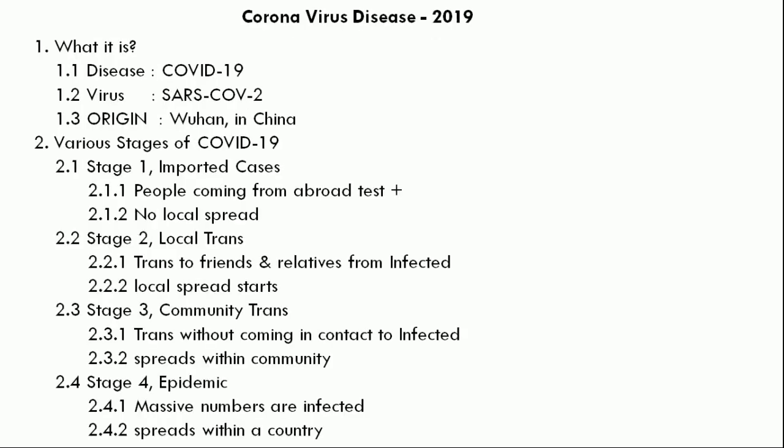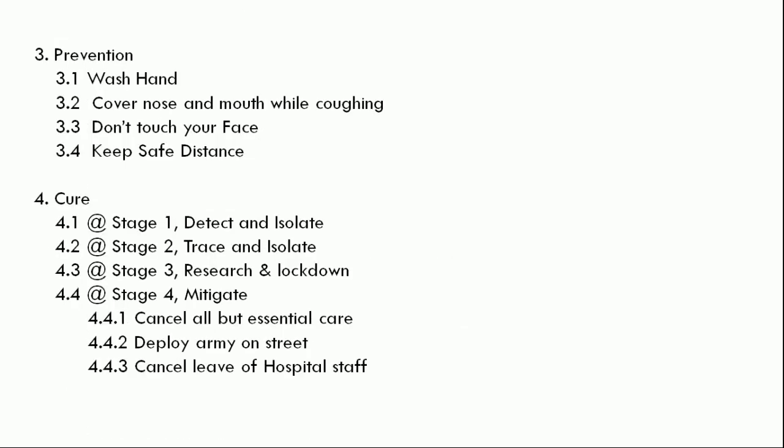So the first thing is the title of the note. Here I have used the title as Coronavirus Disease 2019. Then comes the actual notes. Notice carefully how I have tried to manage the subheadings, subpoints and sub-subpoints.